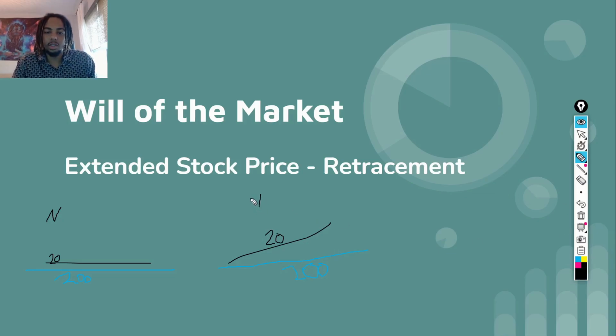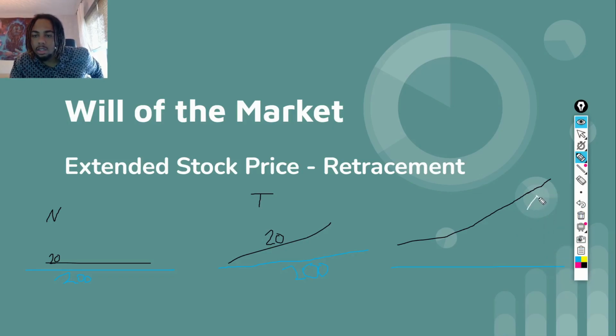So this is the trending state, and then you have the extended state where the 20 moving average is all the way up here, and you have the 200 moving average, which is down here. Let me go ahead and remove that. This will be more of the extended state right here. And why is this considered the extended state?